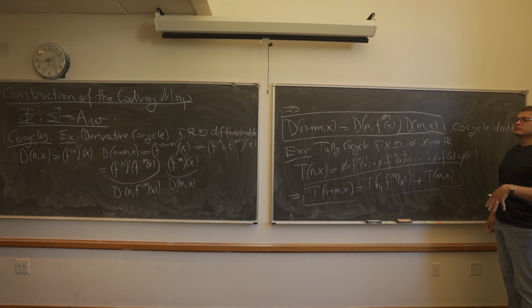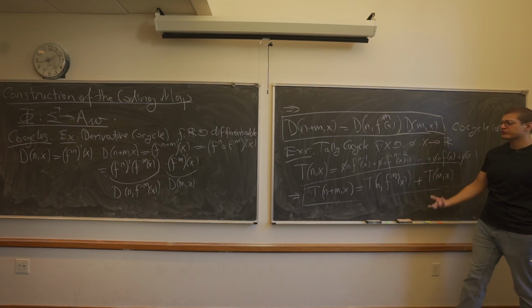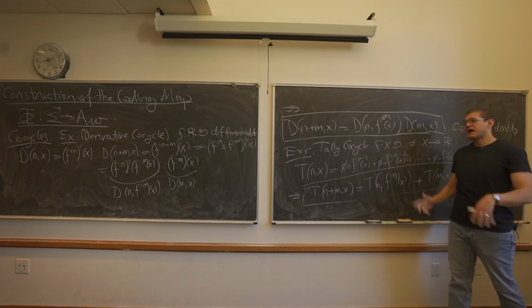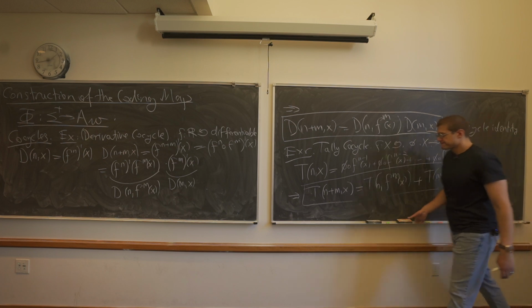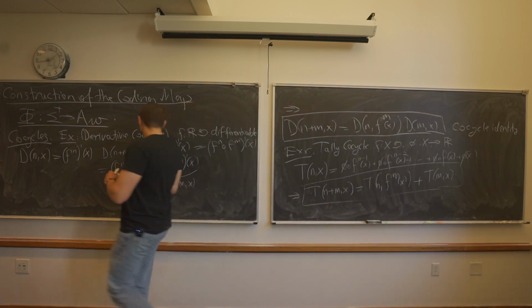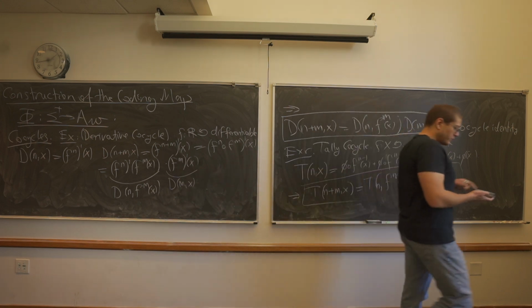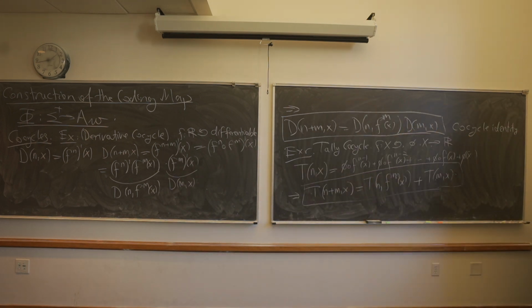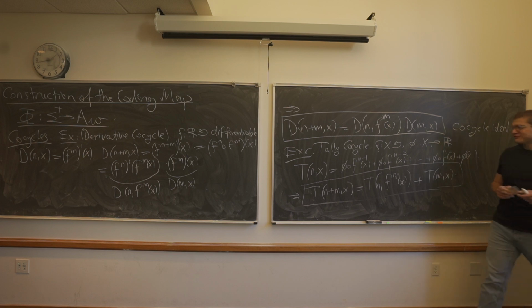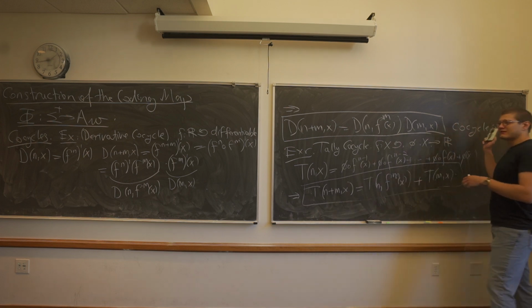Now, in our case too, it's going to turn out that we have a cocycle that helps us do things. And let me also say that when it comes to modern day dynamical systems, at least the pure version of it, I would say 95% of all problems have to do with understanding some sort of cocycle.